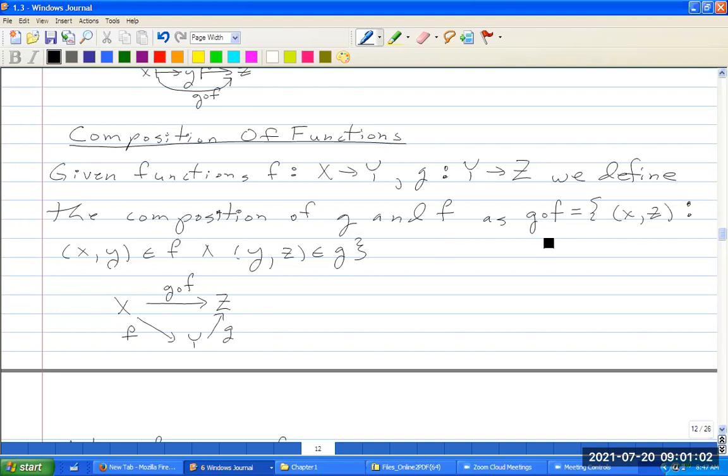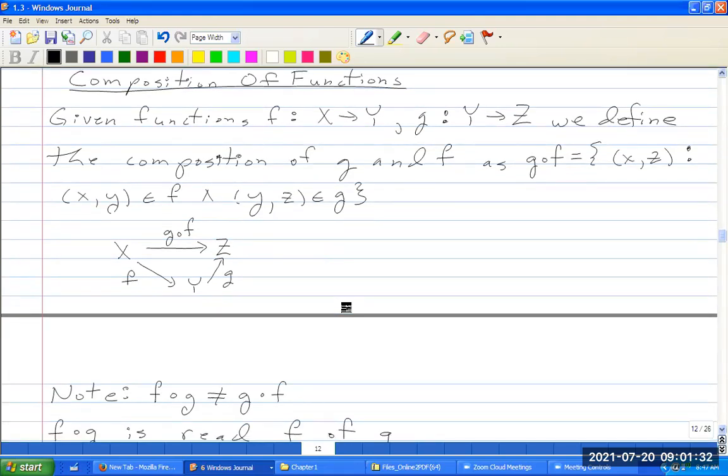G composed with f is just the set of all ordered pairs (x, z) such that the ordered pair (x, y) is in f, and the ordered pair (y, z) is in g.